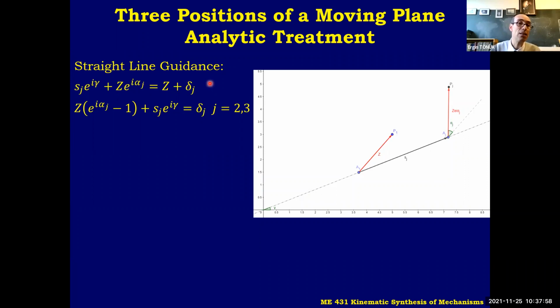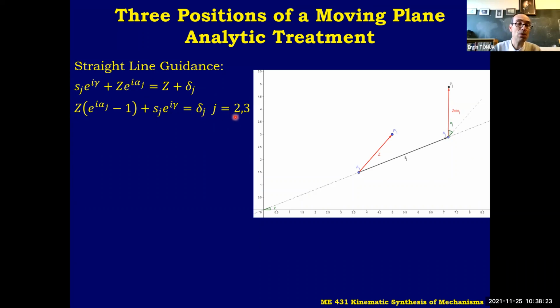And of course, I can rearrange it similar to the previous dyad equation. I have z on both sides, so I can take this to that side. So I have z e to the I alpha j, where alpha j is the rotation of the plane in the jth position, minus 1 because of this, plus this is equal to my delta j.